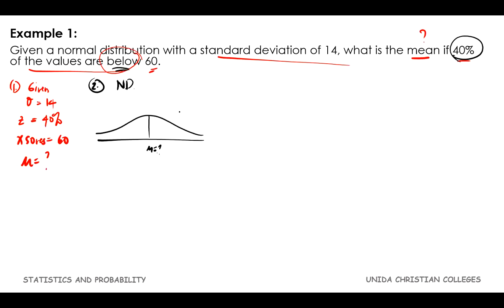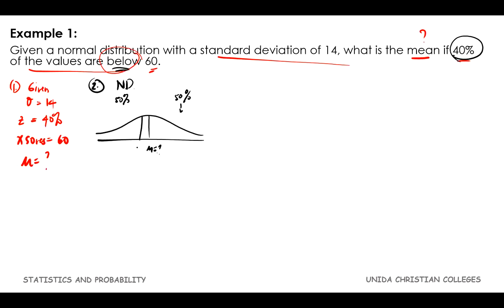So meaning, kung alam natin na this is 50% and this is also 50%, at alam natin na yung data is below sa 40%, kung ito yung half natin at below 60, so sa 40% yung values ay below 60.